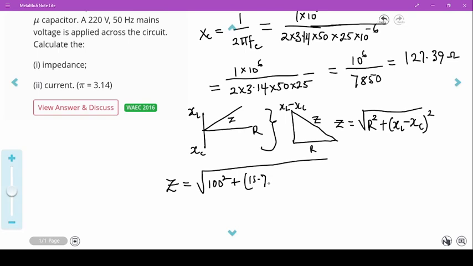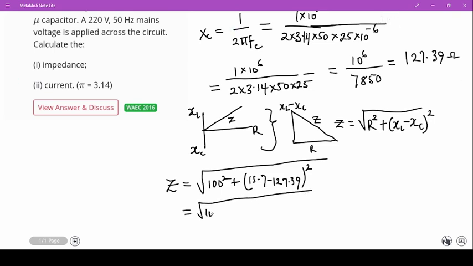The idea here is that it might boil down to something negative, but you don't have to worry. We are working with absolute values here. Even if we aren't working with absolute values, the square nullifies the negativity. So we have about 10,000 plus, and here we have about 15.7 minus 127.39.